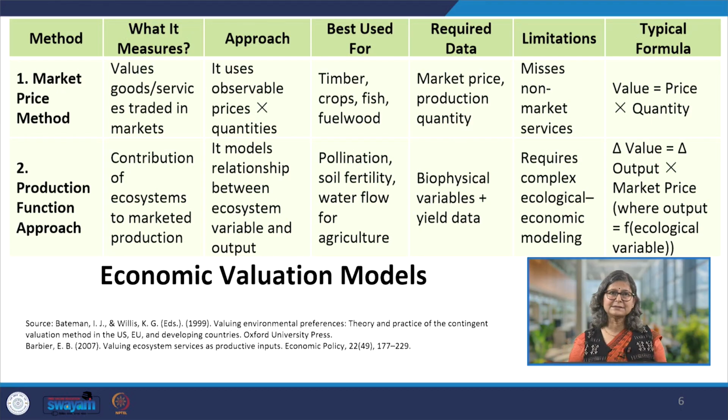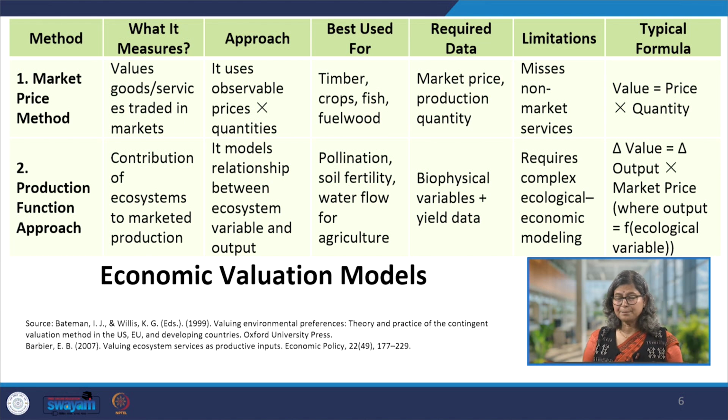The second one is the production function approach, which measures the contribution of ecosystems to marketed production. The approach models the relationship between ecosystem variables and outputs. The production function approach is used for pollination, soil fertility, water flow for agriculture, etc. The data required are the biophysical variables plus the yield data.